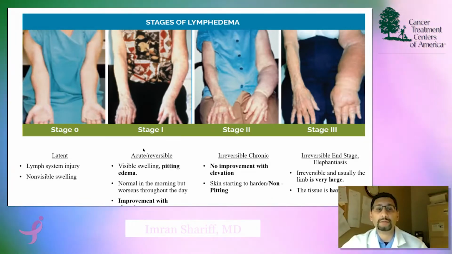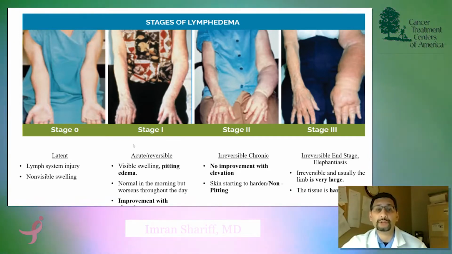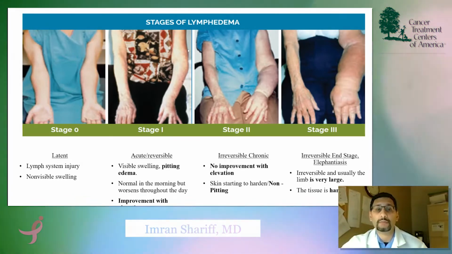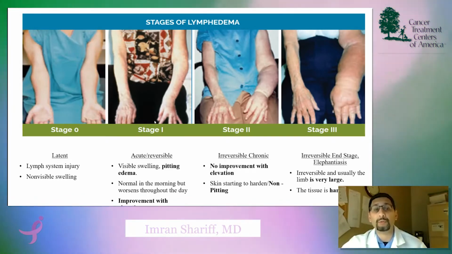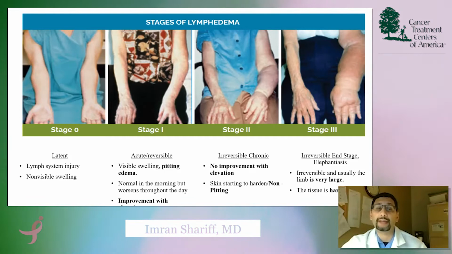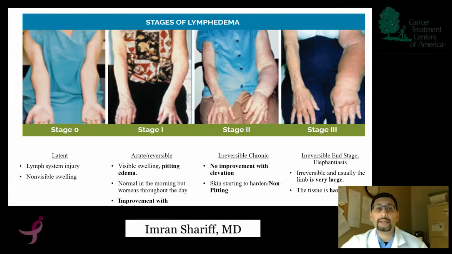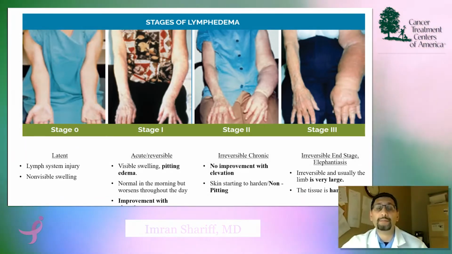In stage 1, this is known as the acute reversible stage. There's visible swelling in the extremity. The extremity may be normal in the morning, but worsen throughout the day or at the end of the day. The key difference here is that the extremity may improve with elevation.